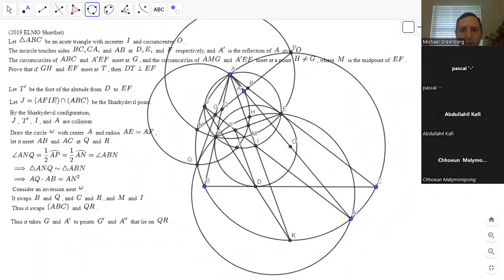So we want to learn where G goes, so G goes to G prime. So the circle AMG goes to the circle AIG prime, but we didn't draw that yet. So if we have AIG prime, let's see, A prime EF goes to A double prime EF.